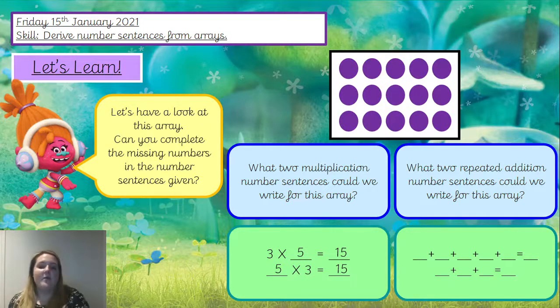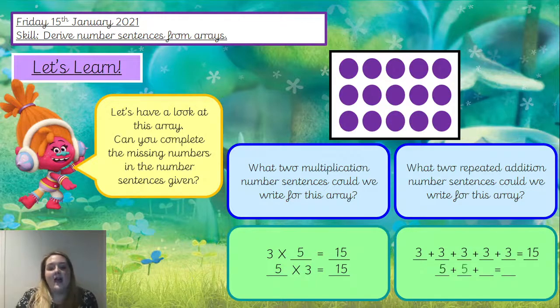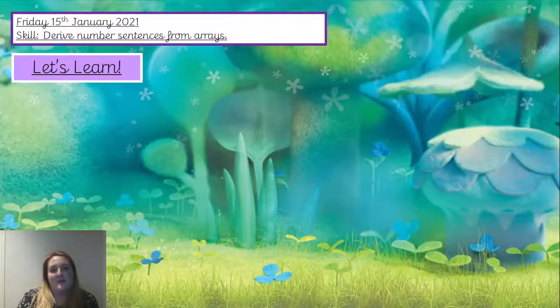We have got 3 add 3 add 3 add 3 add 3 equals 15. So we've got 5 lots of 3 there. We've also got 5 add 5 add 5 equals 15. So we have got 3 groups of 5 that also equals 15. Well done if you got that.